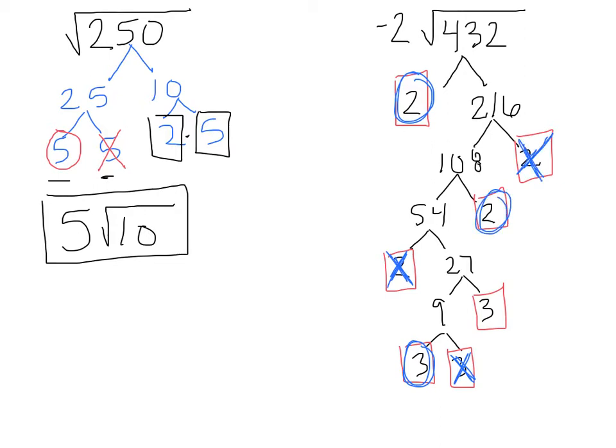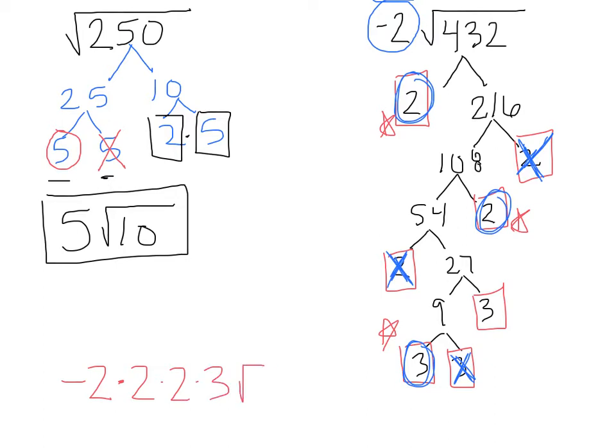All the circled numbers get brought on the outside. Now if you look above, I already have a -2 that was already on the outside. So I have to make sure to have that number. So I'm going to have -2 times, and I'm bringing out a 2, and a 3. And all these numbers get multiplied together.